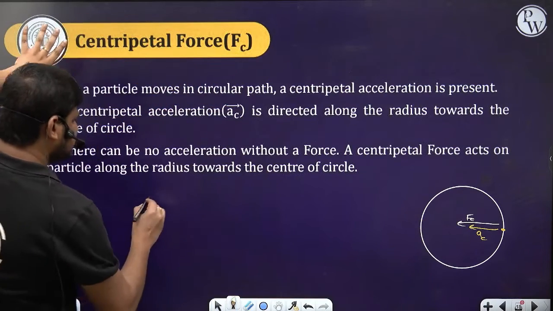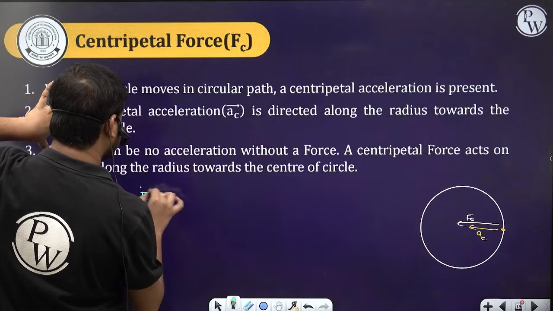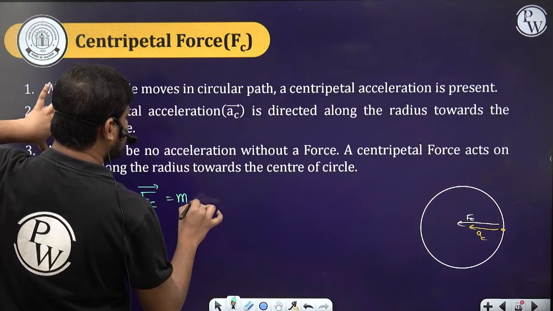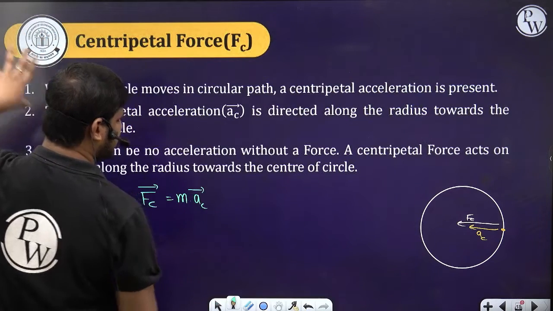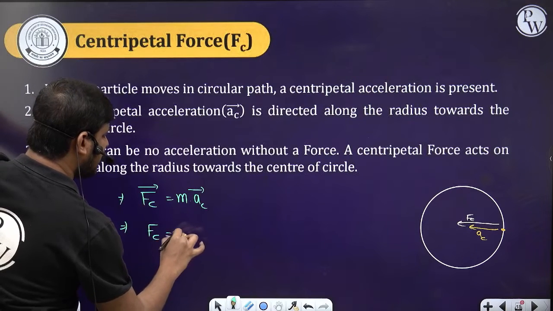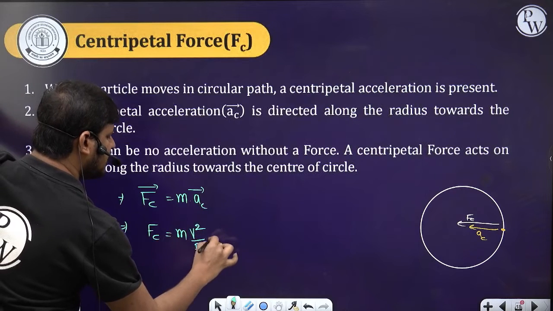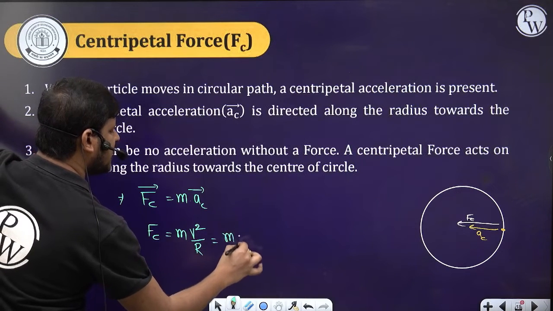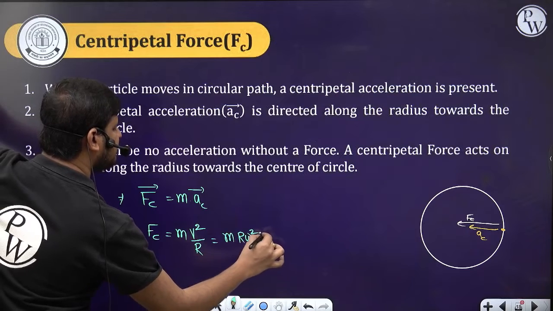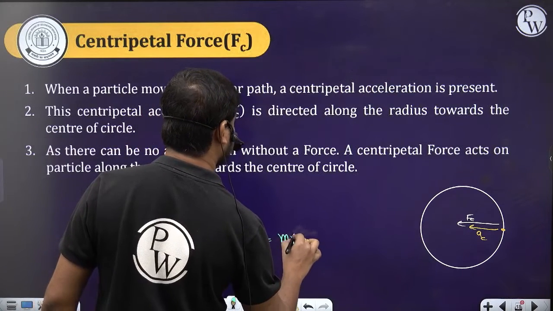That centripetal force we can give as Fc equals mass of the particle into its centripetal acceleration. So we can write Fc equals m into, in place of Ac you can write v square by r, or r omega square, or v omega, anything you can write.